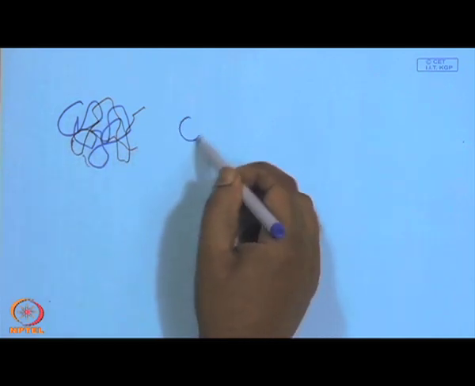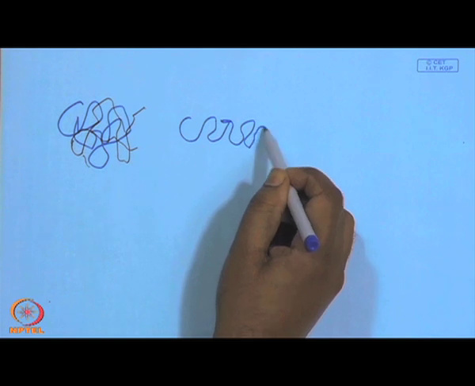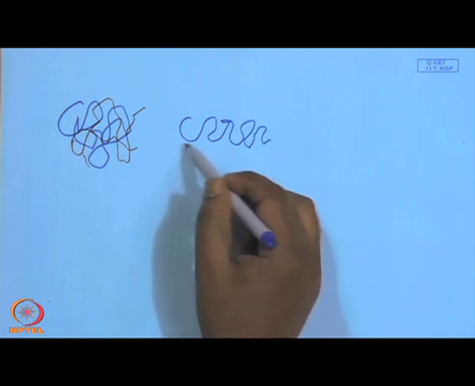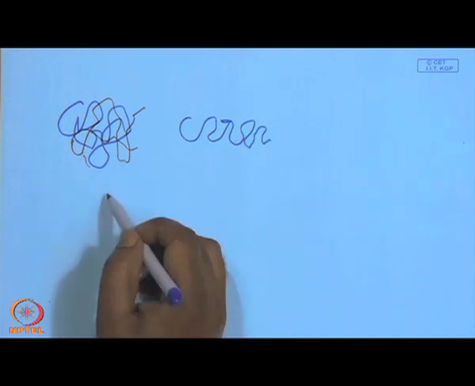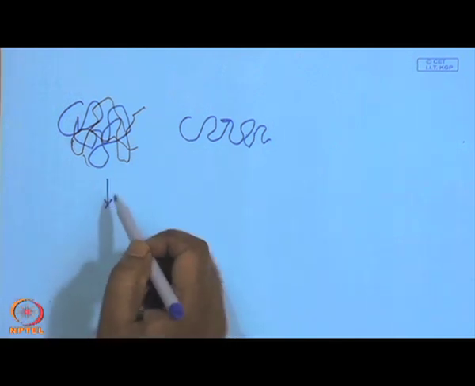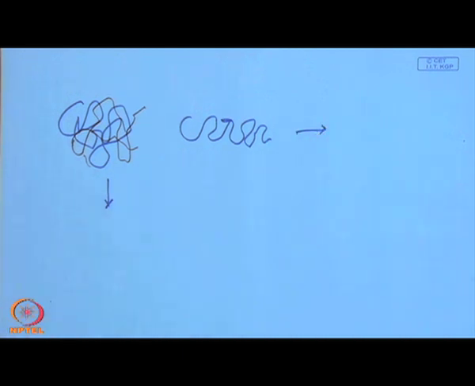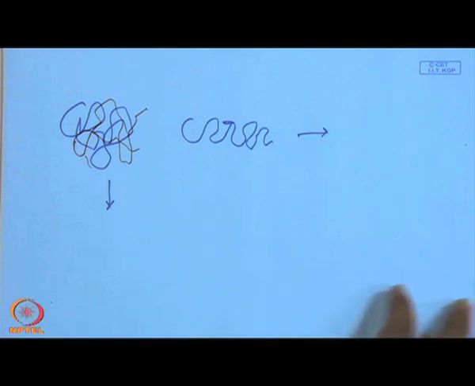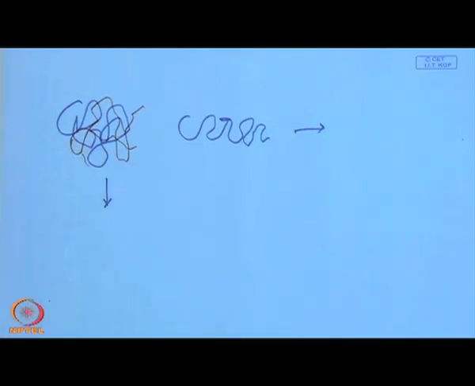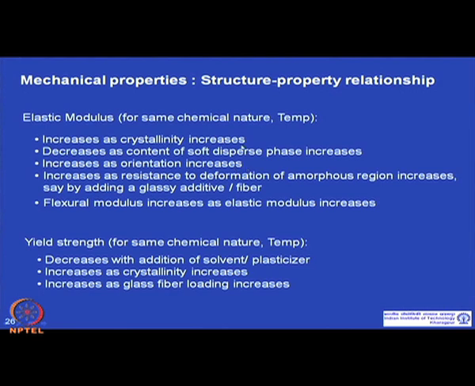Now, if I have already stretched and aligned, oriented it a little bit, then obviously deforming from this state will be much easier compared to deforming longitudinally from the original state. So, orientation increases modulus.